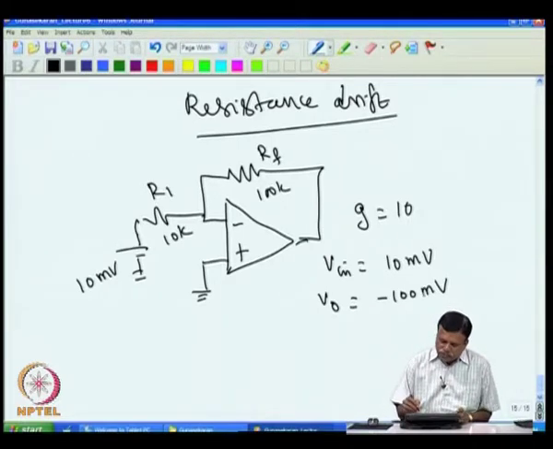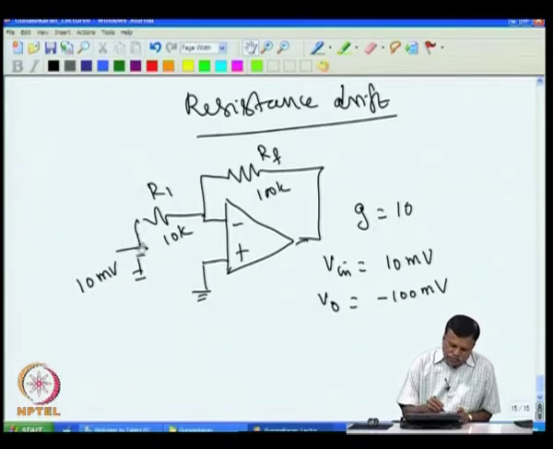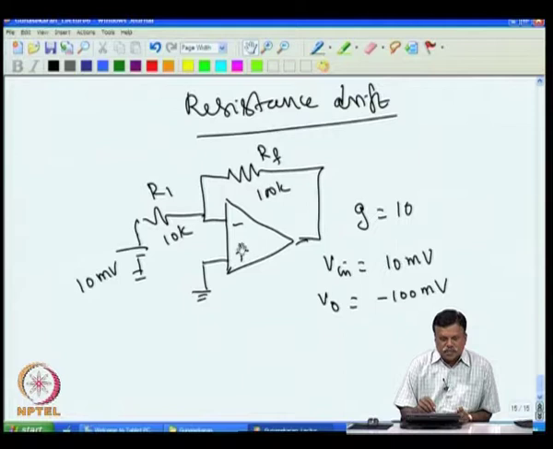The problem comes whether this 100 millivolt we are getting here is constant or is varying. Assume that this 10 millivolt input is constant, not changing, and assume the op amp temperature is also not changing, that means no parameters of the op amp are changing.